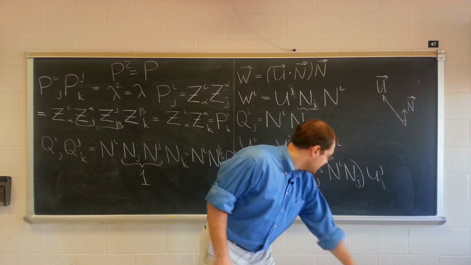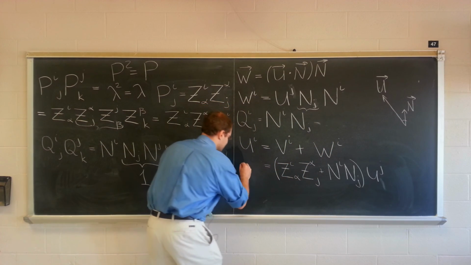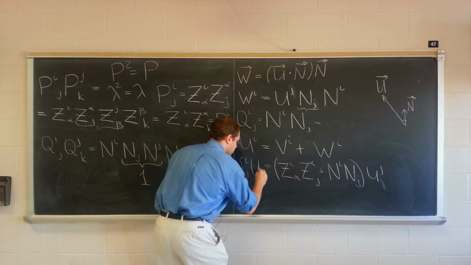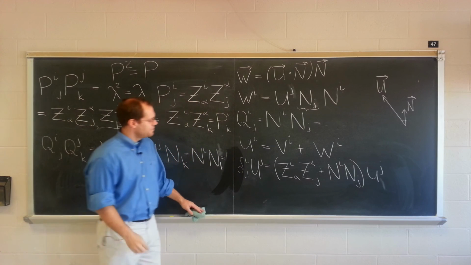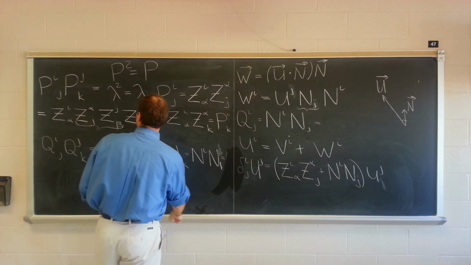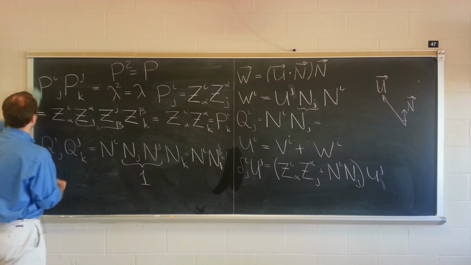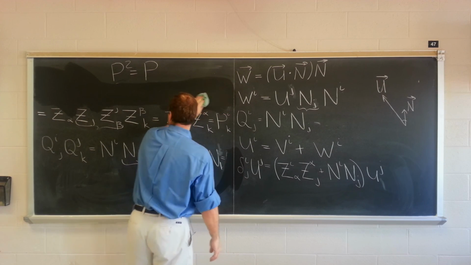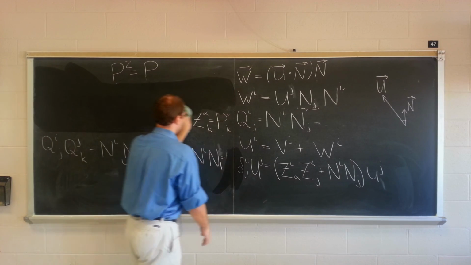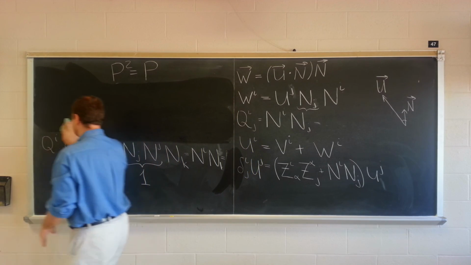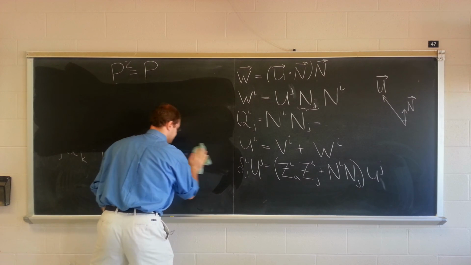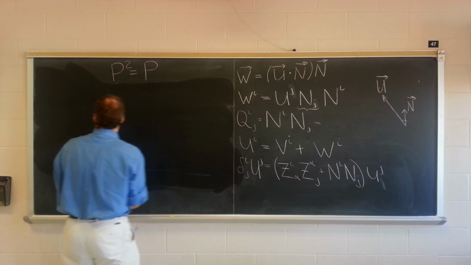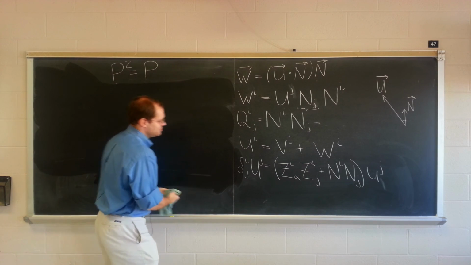And this, of course, the left-hand side can be written as delta_ij U_j. And because the left-hand side and the right-hand side are identities for any U_j, we have the following relationship.